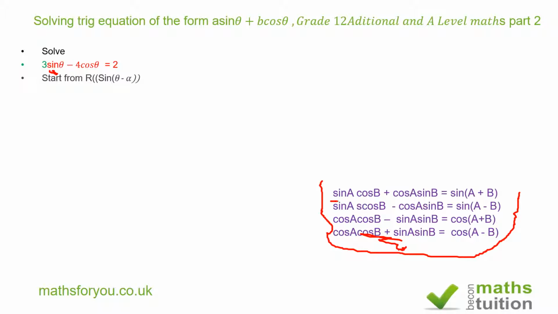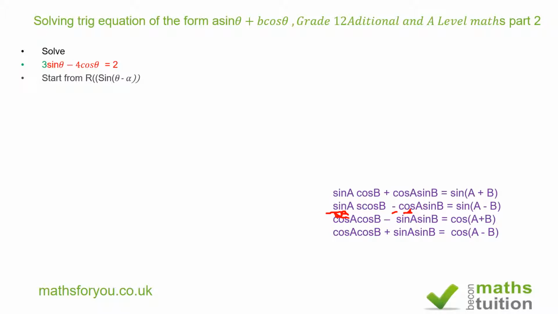So I've got sine A there, and I got a plus there, and I got cos A. But that's not the same as sine minus and then cos. So it's not the first one. Now it's this one here because I got sine A there, and then a minus, and then cos A.